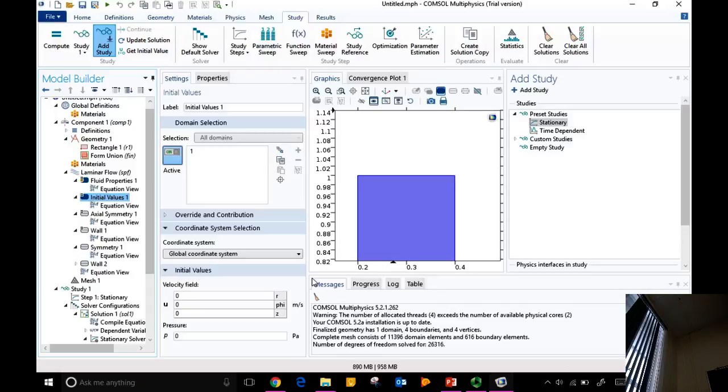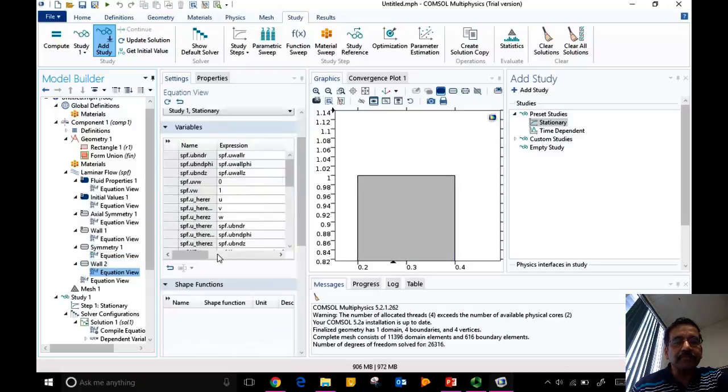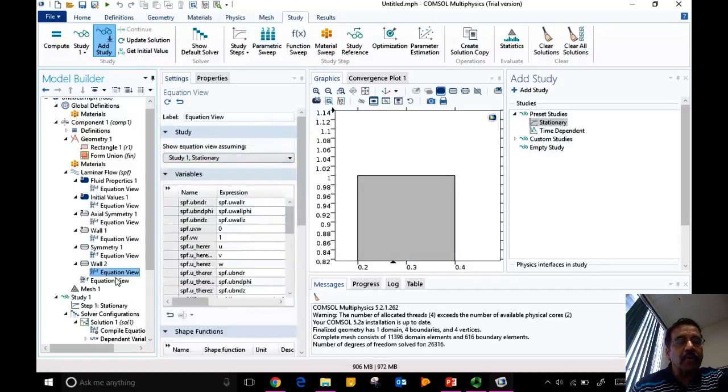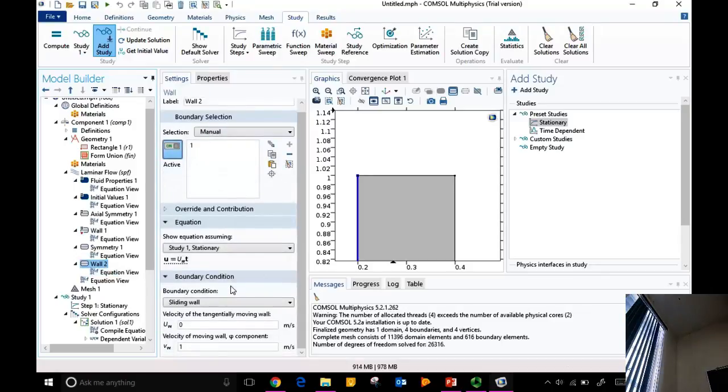Now, we need to do some homework because I was very careless in specifying my conditions. In wall 2, I specified VW as 1 meter per second. So what is omega? Omega is VW divided by R, which is 1 divided by 0.2.